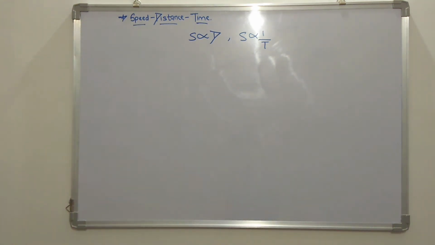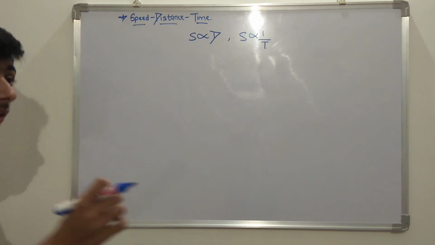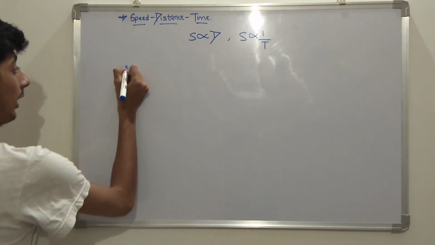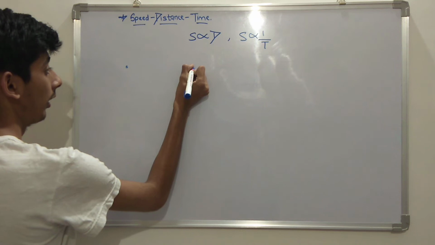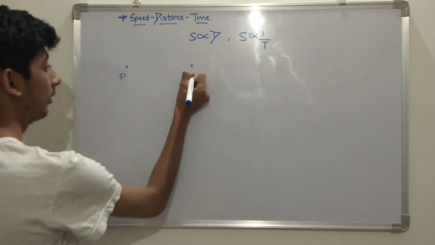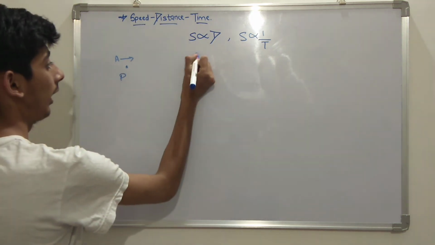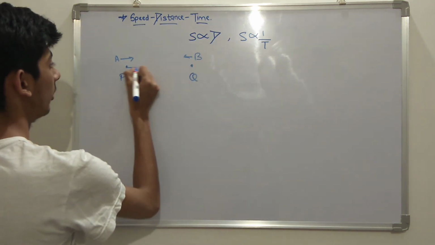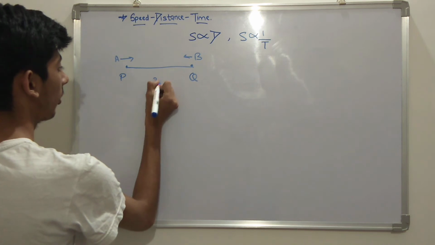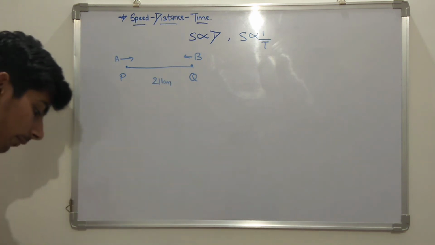The question is, A and B walk from P to Q at a total distance of 21. So if we take P here and Q here, this is P, this is Q. If A is walking from here and B is walking from here with a total distance of 21 kilometers.